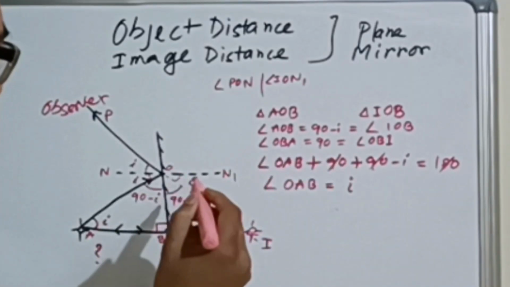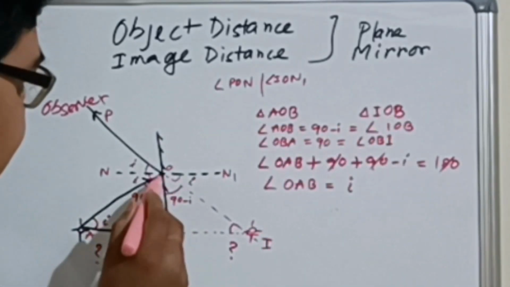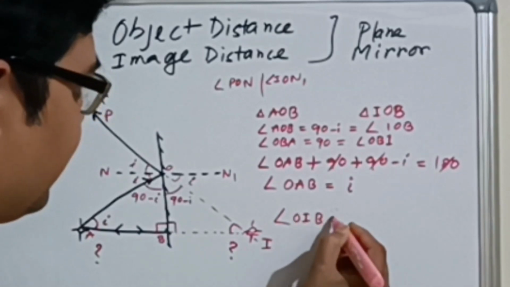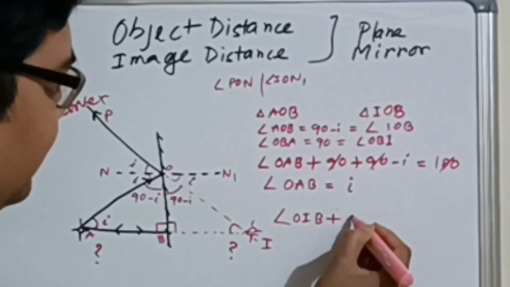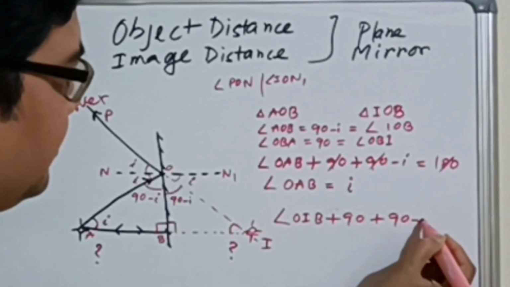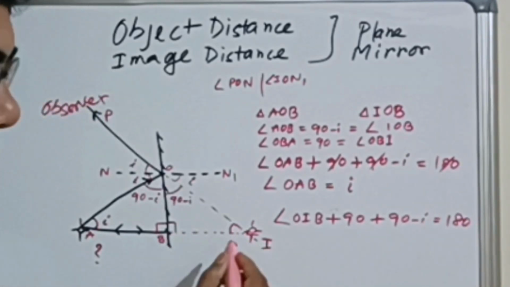Similarly, take triangle OBI or IOB. So angle OIB plus 90 plus this angle 90 minus I also equals 180 degree, because these are the two triangles.